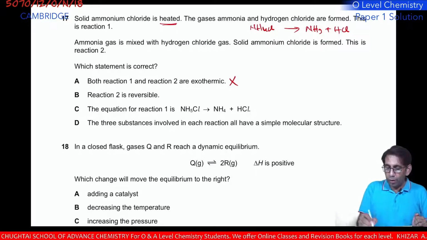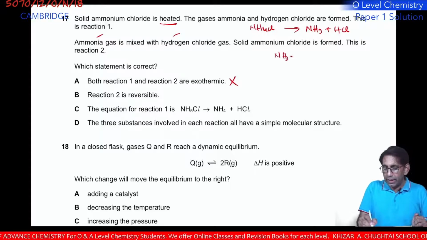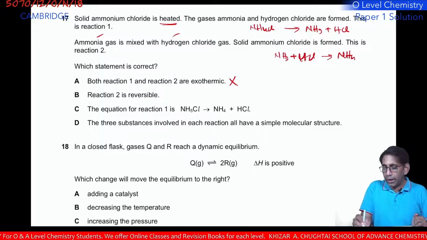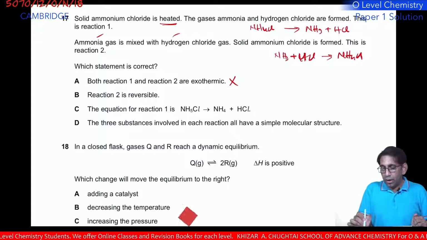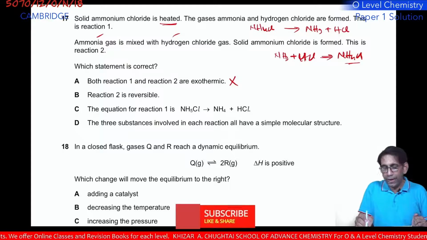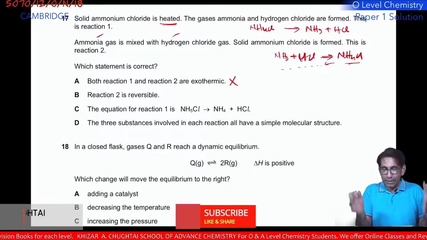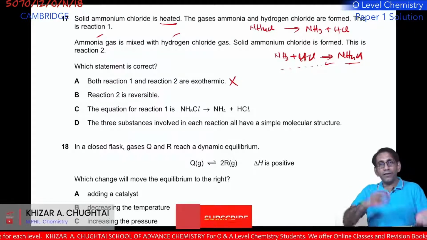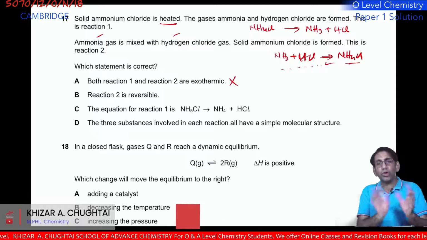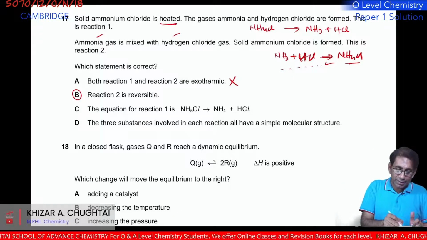Ammonium chloride is formed by the reaction of ammonia and HCl, NH3 plus HCl goes to NH4Cl. Yes, if we heat this NH4Cl, it will move back to make again reaction number 1. If the reaction is going to reverse on reversing the condition, that is said to be reversible. So it is the correct one.